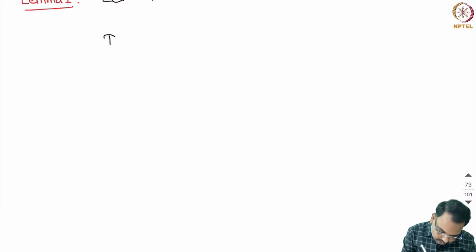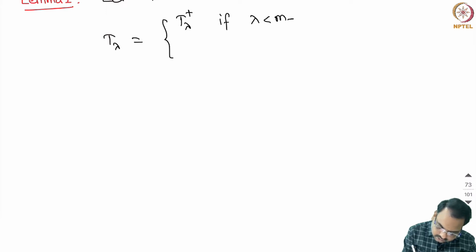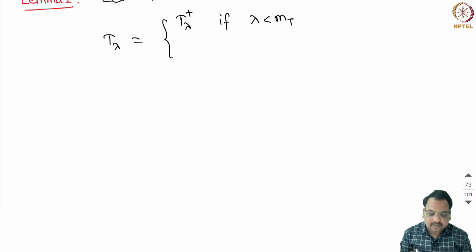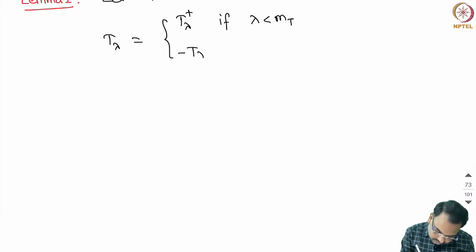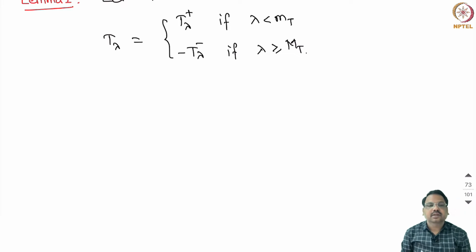Then T lambda is nothing but T lambda plus if lambda is strictly less than the lower numerical bound of T, and it is minus of T lambda minus if lambda is bigger than or equal to the upper numerical bound of T.